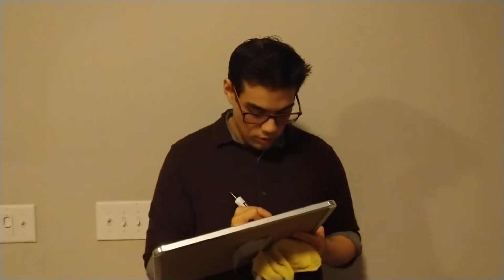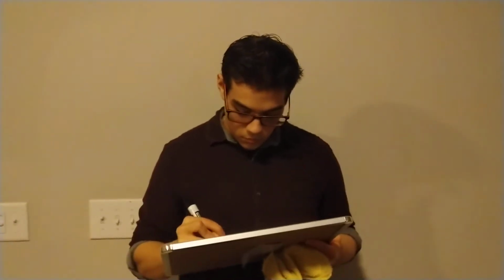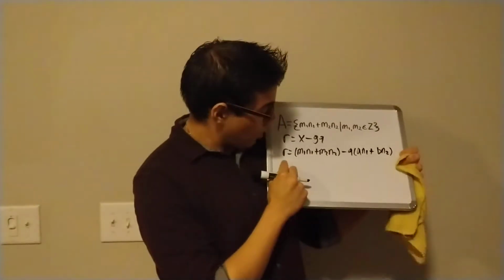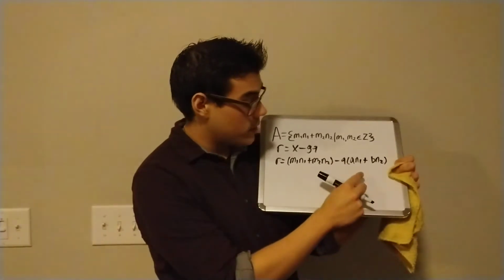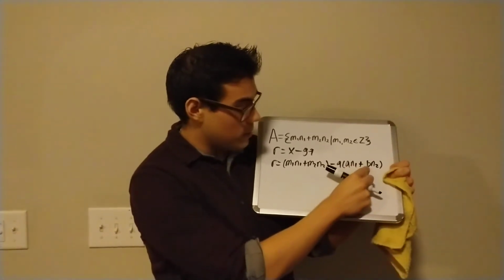So r is equal to x minus gq, and then we can further algebraically expand that to the following, where r is equal to m1 n1 plus m2 n2 minus q quantity times a n1 plus b n2.